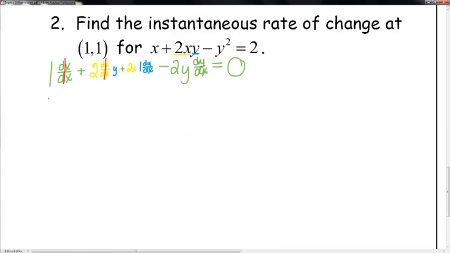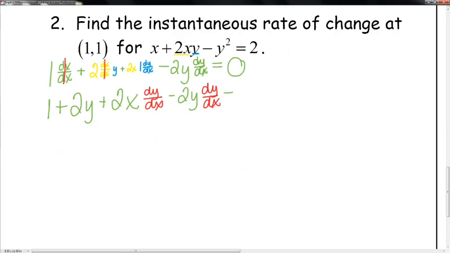So I have 1 plus 2y plus 2x dy/dx minus 2y dy/dx, and that's equal to 0.